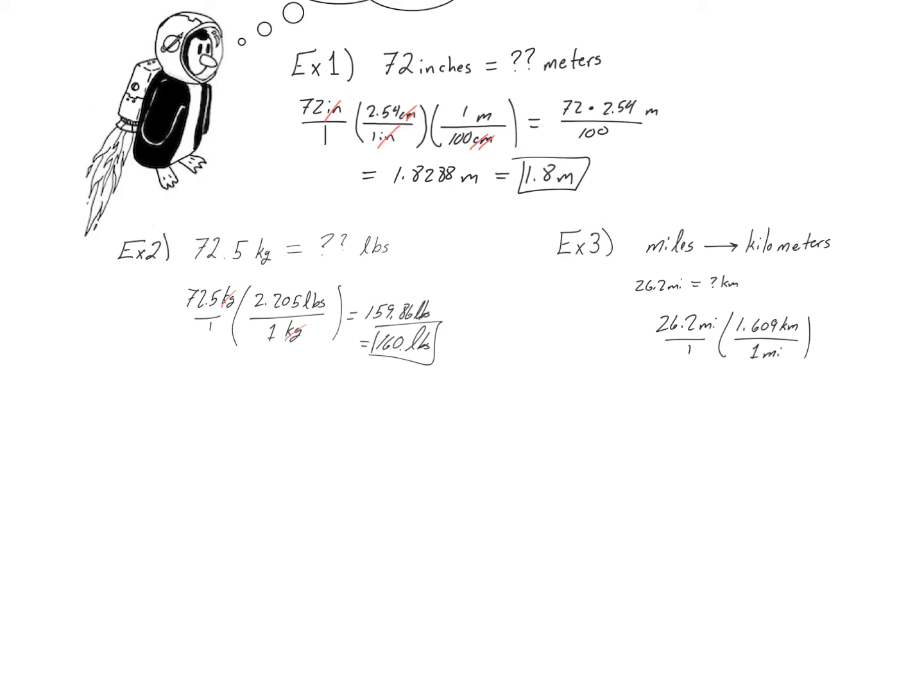Again, we take a moment to pause and make sure that the units we want to cancel actually cancel out. If this is the case, we can plug it into our calculator and get 42.1558 kilometers, which if we round to 3 sig figs is 42.2 kilometers.